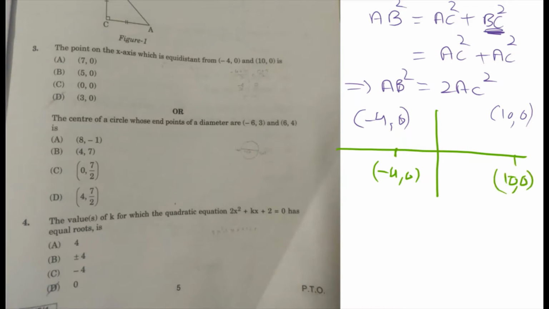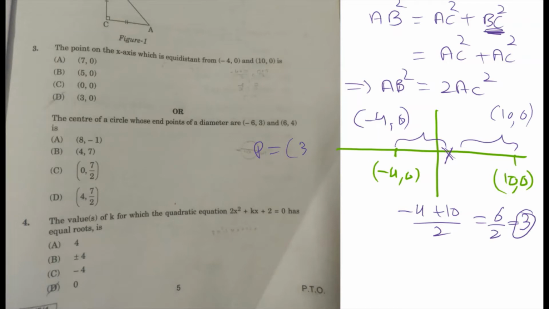We need to find a point on this x-axis which is at equal distance, nothing but the midpoint. So midpoint is nothing but minus 4 plus 10 by 2, that equals to 6 by 2, that equals to 3. So this is the x coordinate. On the x-axis y coordinate is 0, so the point is p equals to 3, 0, which is option D.